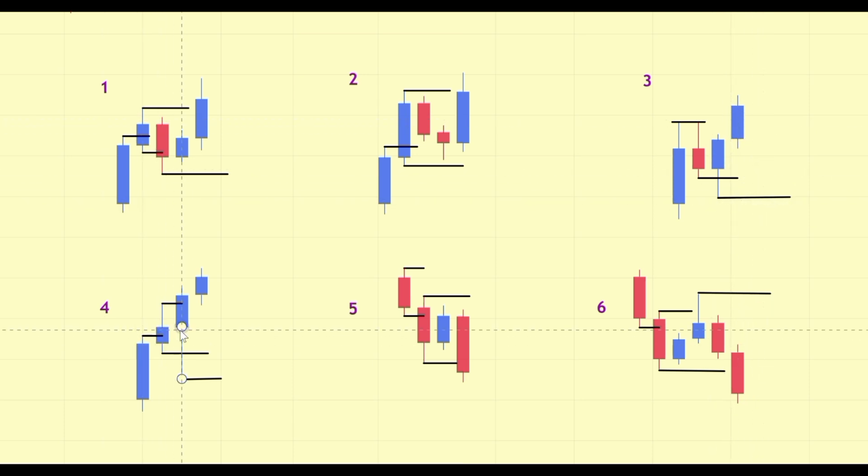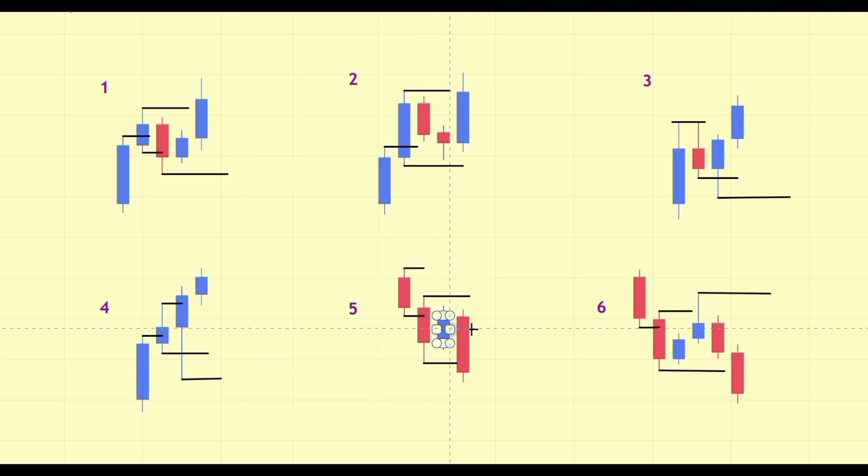In scenario 4, like I said, the candle breaking past the lowest point, or in a bearish scenario the candle breaking past the highest point, it doesn't matter if it's bullish or bearish, meaning the color of the candle does not matter. As long as the principles are met, then that pullback is considered valid.